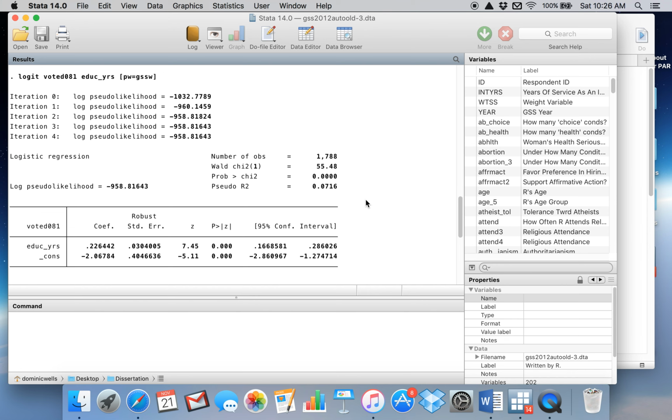So basically, Stata is going to take a random guess, and it's going to ignore whatever you think goes into the probability of whatever it is you're trying to predict, in this case, voting. And then it's going to bring in the independent variable and run multiple analyses to determine the best predictive fit.